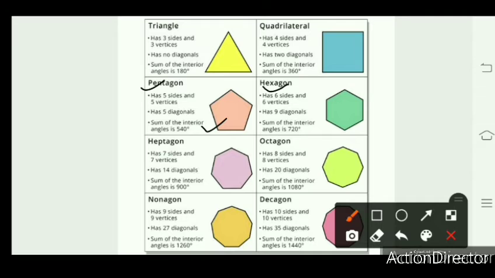A hexagon has 6 sides, 9 diagonals, and the sum of the interior angles is 720 degrees.